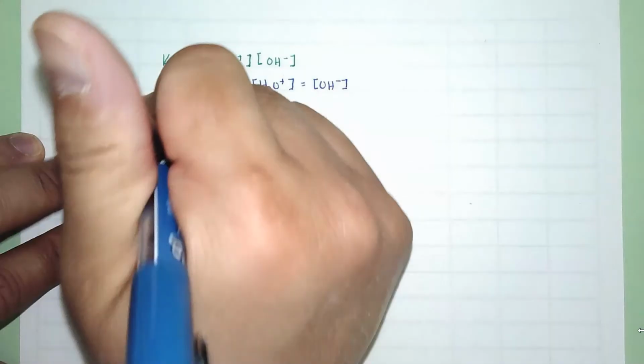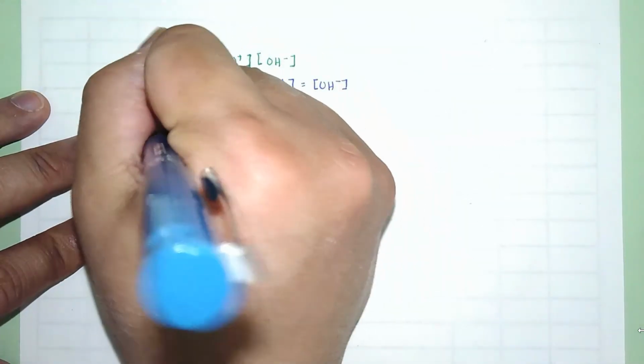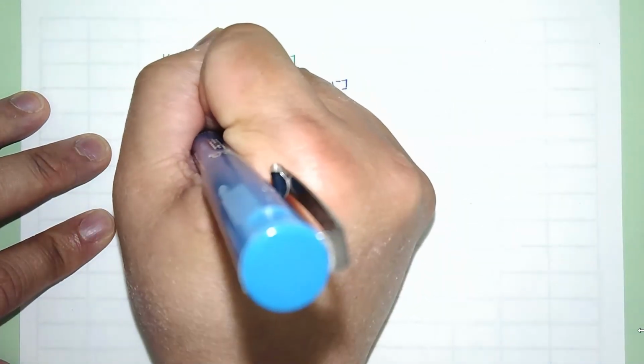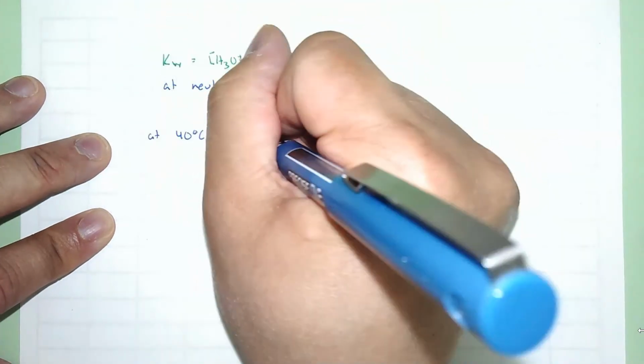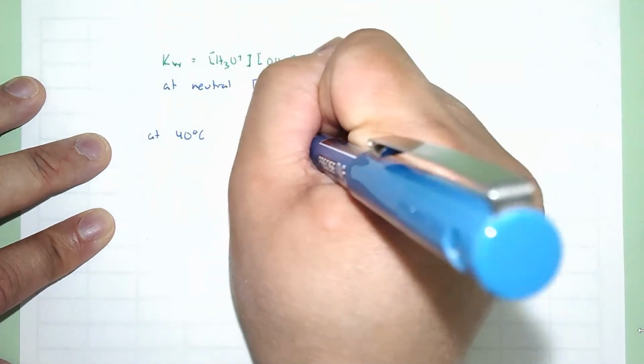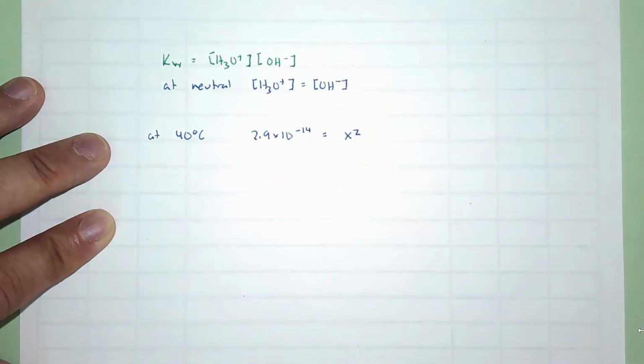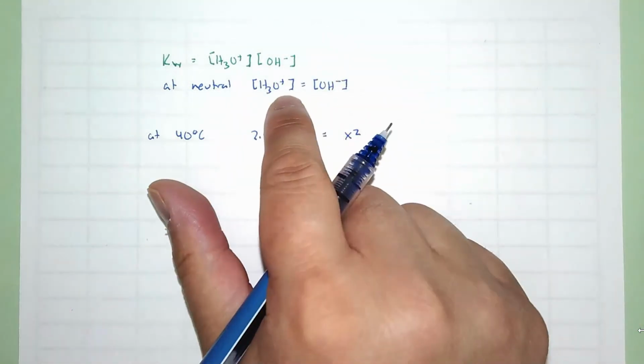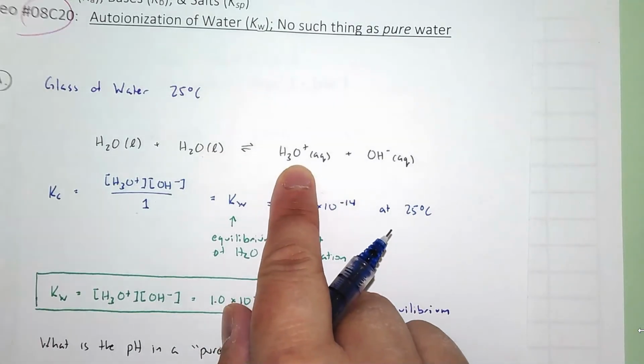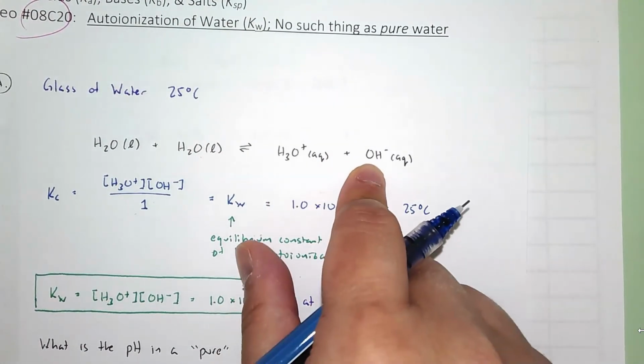Okay. And therefore, at this 40 degrees Celsius, we have a new Kw, 2.9 times 10 to the minus 14 equals x squared. Again, realizing that in our equation, every time we make one hydronium ion, we get one OH minus hydroxide.